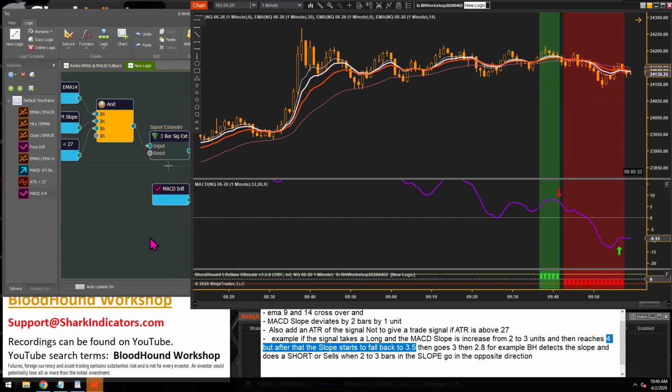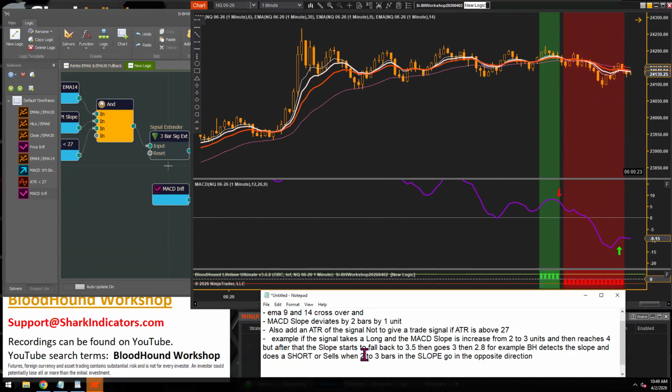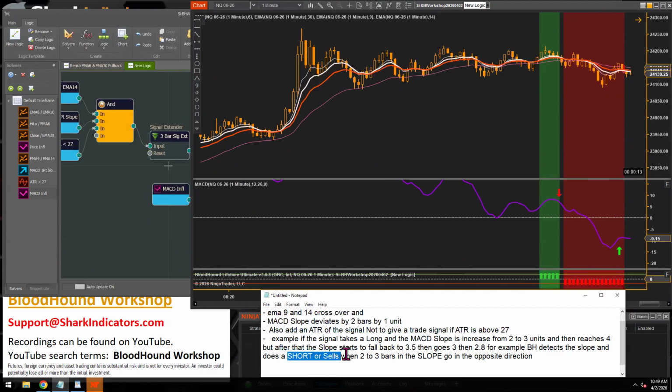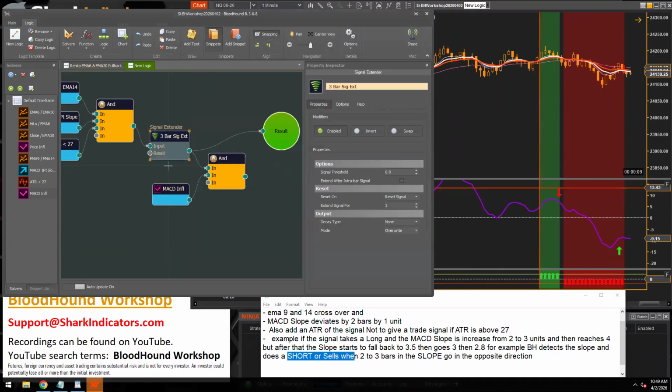Oh, yeah. All right. Hopefully some of you regulars in the room would have noticed my mistake here. So we're taking a long condition, and then we're converting it into a short signal. So my signal extender is taking the long output and just extending it as a long output.